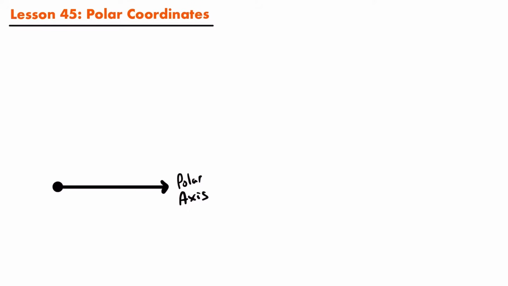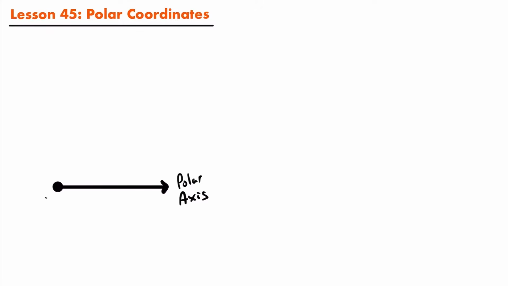And so here's how the polar coordinate system works. We start with what we call the polar axis. And you can think of the polar axis as being the replacement for the x-axis from the rectangular coordinate system. All right, so the x-axis was a horizontal axis, and the polar axis is also a horizontal axis. Now the polar axis extends in both directions from a point that we call the origin, or sometimes you'll hear it called the pole.